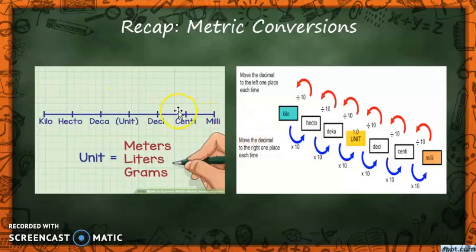So we're at centimeters and we're moving to meters. Alright, so we divide by 10, 1, 2. We divide by 10 twice. Alright, or what it also means is that we move the decimal point to the left one place each time, which is 2 times.